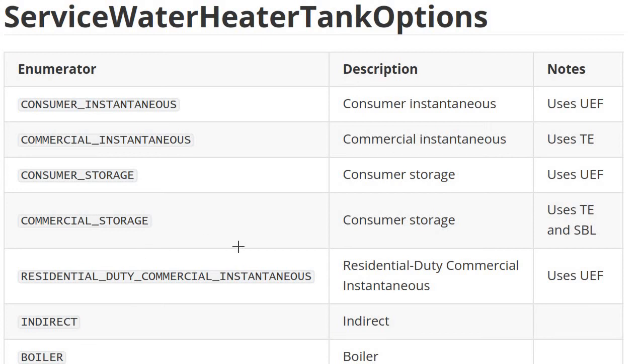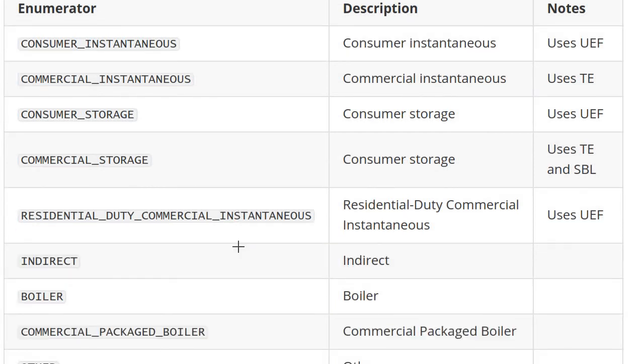So you can see that the categories are kind of an amalgam of categories from different standards, but it pretty much covers each type of tank that might be used. And then the notes indicate whether it's used for thermal efficiency, standby loss, or uniform energy factor. So those are the notes here.